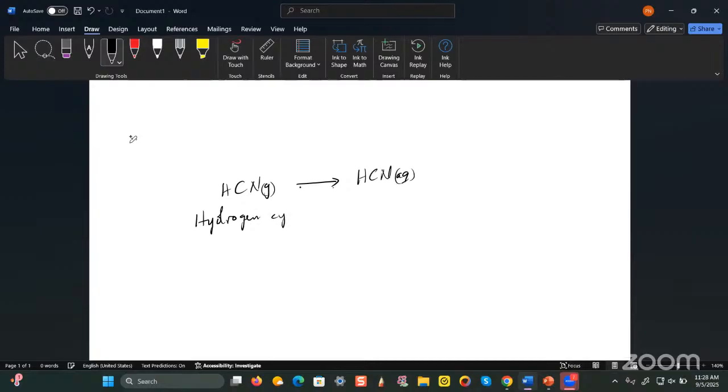So as you can see, the name is in the fashion of that of a binary compound, even though it's not, right? And when you add it to water, it forms the acid, and the name of the acid is hydrocyanic acid, which again is in the form of a binary acid in terms of the name.